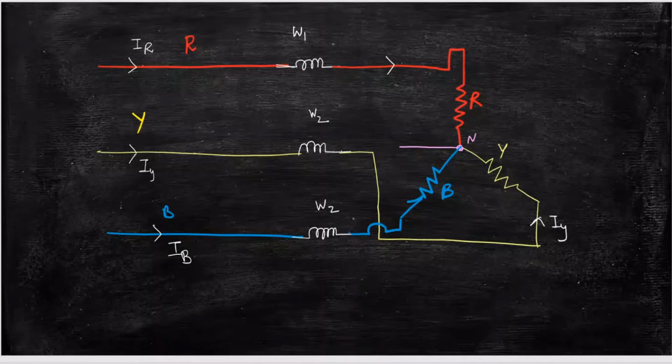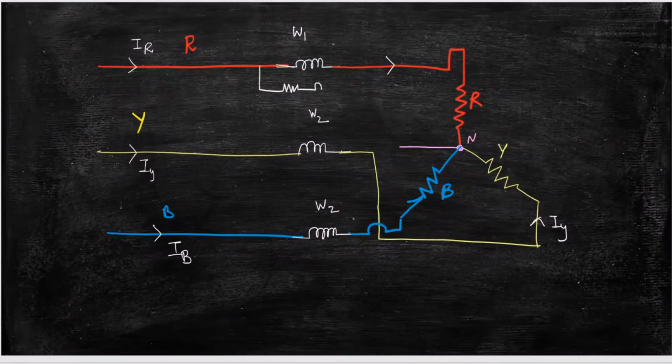Now the pressure coil is connected between phase and neutral, right? So this is your pressure coil, and I am going to connect it to this neutral point.